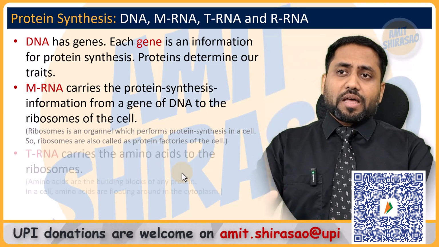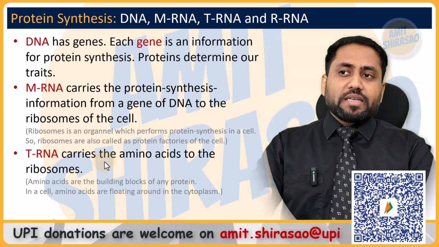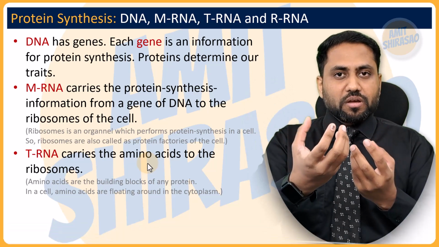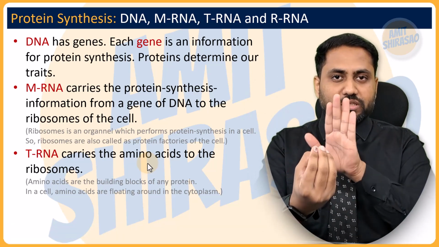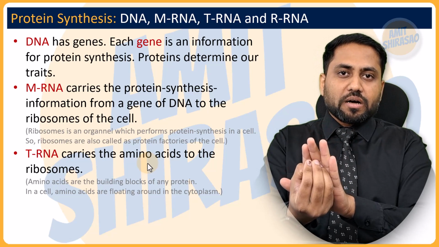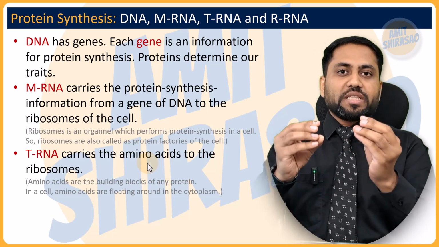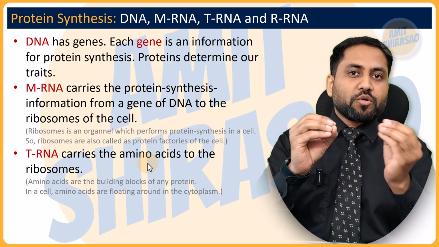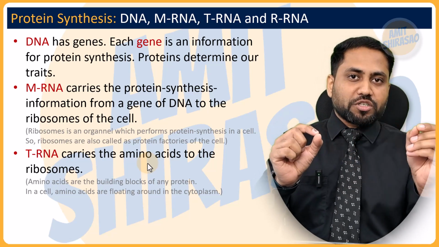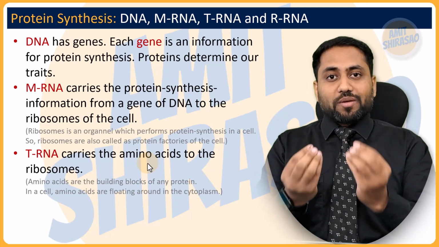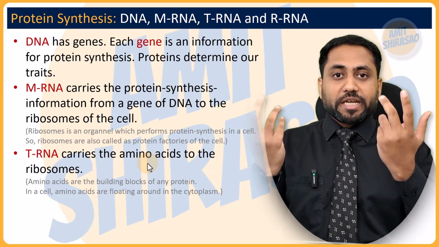Okay, now tRNA carries the amino acids to the ribosomes. Now ribosome has got the message that okay, this is how I have to generate the protein. But what is protein? Protein is a sequence of amino acids connected by peptide bonds, and hence it is called as polypeptide, right? So now ribosome has to create a polypeptide.